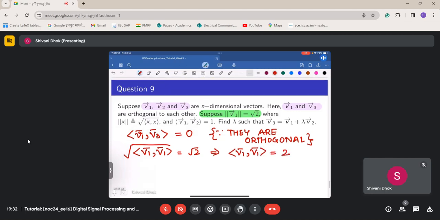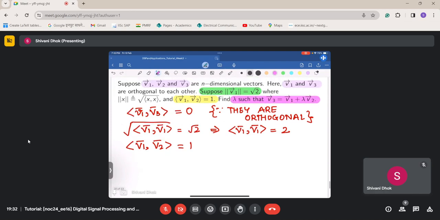And it is given that the inner product between V1 and V2 is 1. So this we know. So what we need to do now is find a lambda that satisfies this equation.